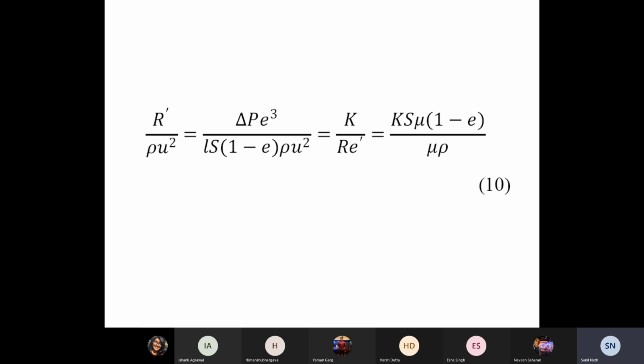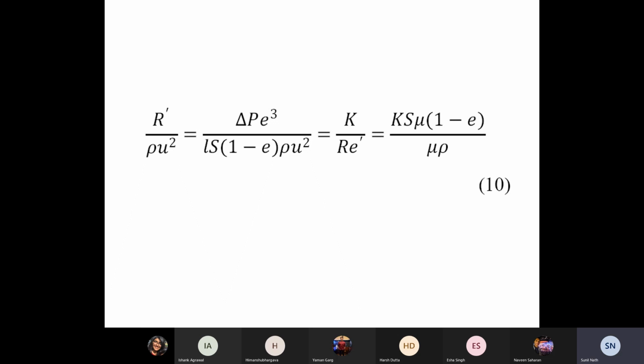The only mistake in this equation number 10 is that I have missed the subscript of u on the left-hand side, R prime upon rho u1 squared. It should be rho u1 squared, because u1 squared becomes u squared by e squared, and that is how the e cubed power comes: delta P into e squared, then u squared and rho in the denominator, and then L S into 1 minus e. So that relates nicely to equation 9.